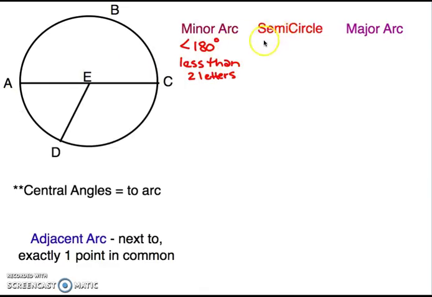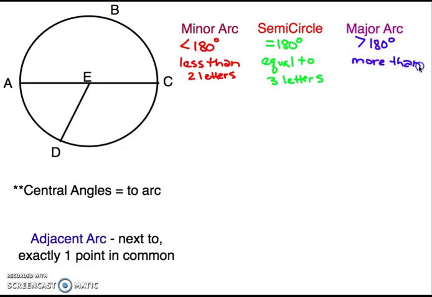Your semicircle is equal to 180 degrees, and it's also equal to 3 letters. And then for our major arc, that would be greater than 180 degrees, and it would also contain more than 3 letters.